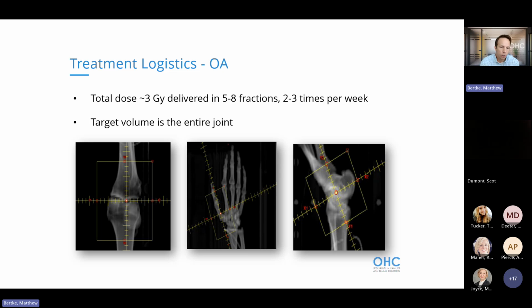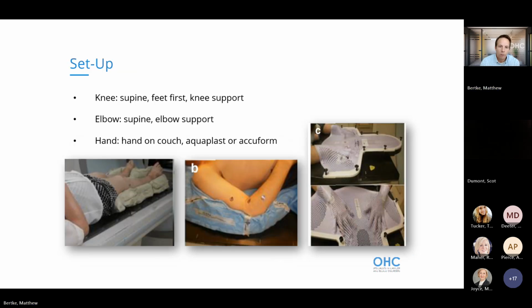We treat the entire joint because we're treating basically all of the inflammatory effects that are within that joint area. We have different setups depending on where the patient is being treated so that we can immobilize that area. And a lot of this is custom patient to patient, depending on how they can lay for treatment and what joint we're trying to target.